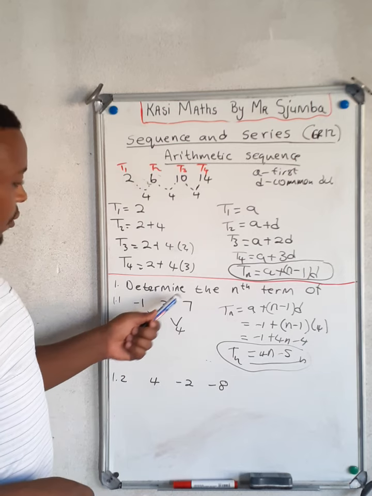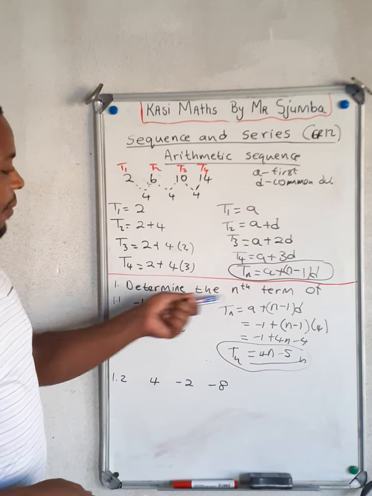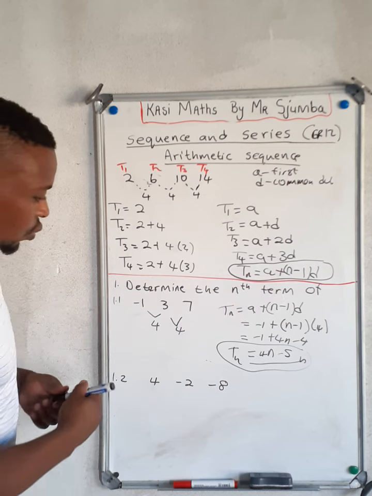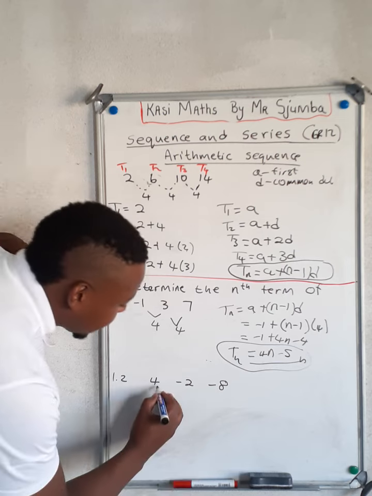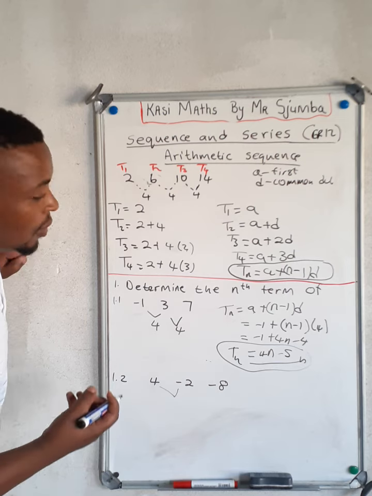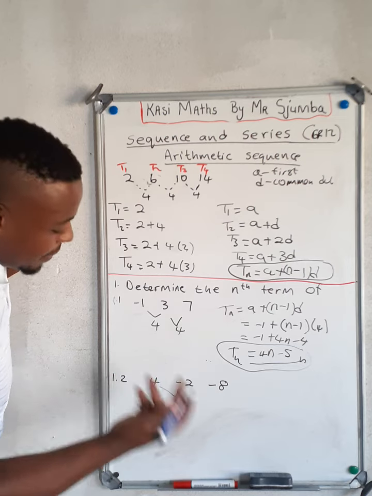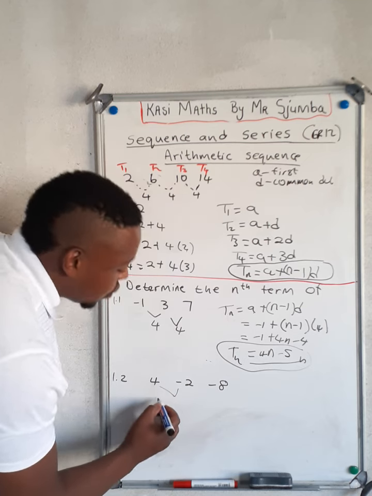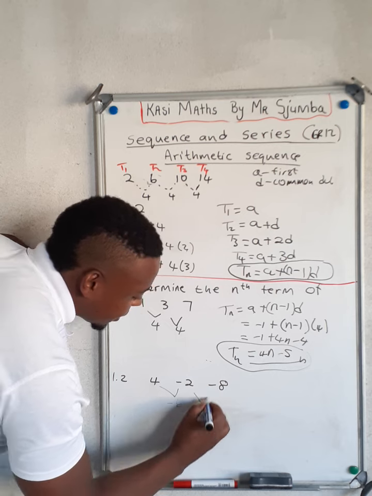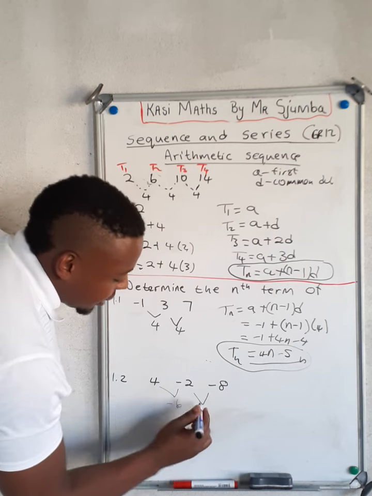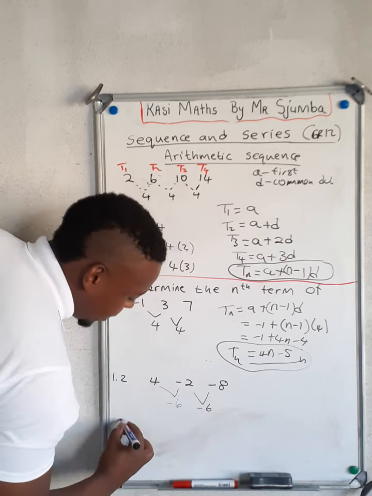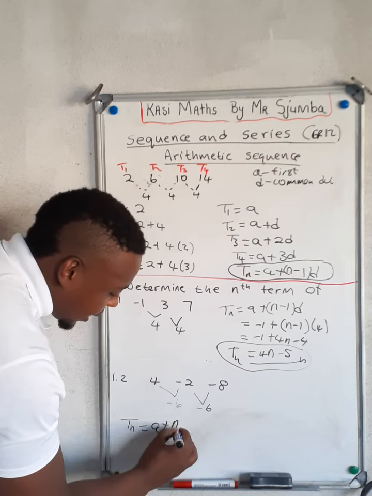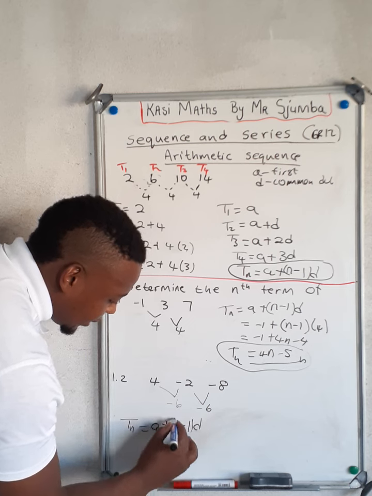Now we want to determine the nth term of this sequence: 4, minus 2, minus 8. First things first, check whether it is arithmetic. Minus 2 minus 4 is minus 6. Minus 8 minus minus 2 is minus 6. So it's arithmetic, and we say Tn is equal to a plus n minus 1 d.